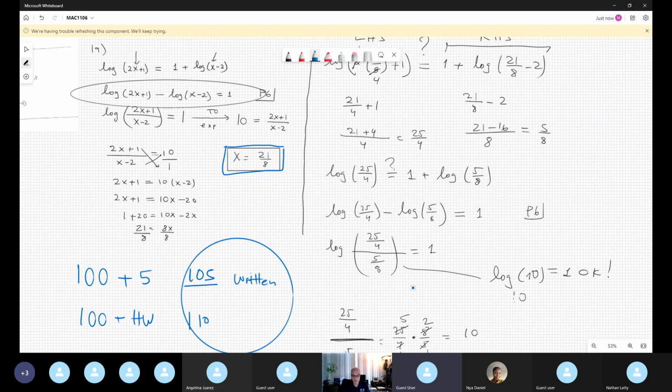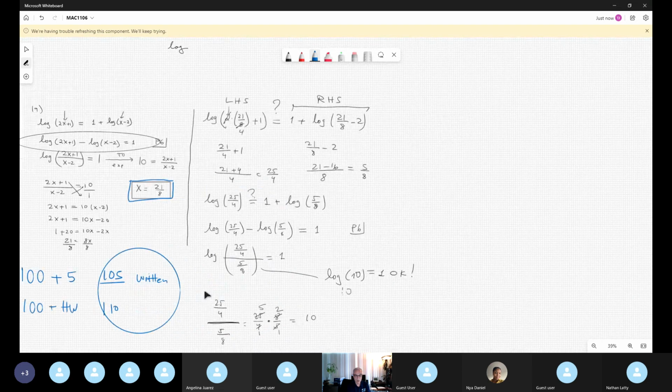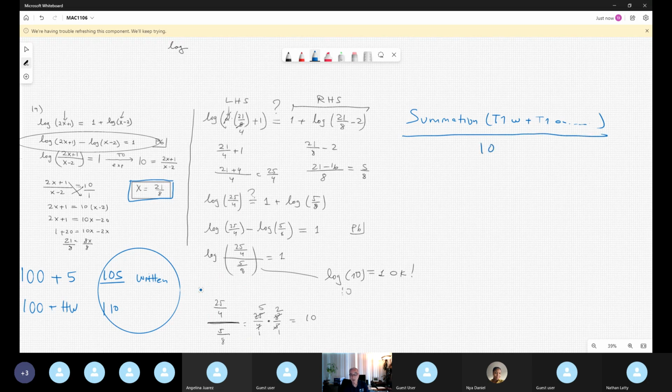How do we compute the overall grade at the last moment? You have 5 written tests and 5 online tests, and you sum everything, actually it's 10 tests, no? Divided by 10, the average, and you get the score.